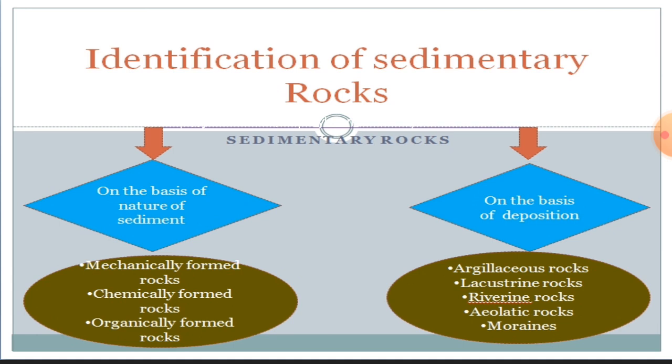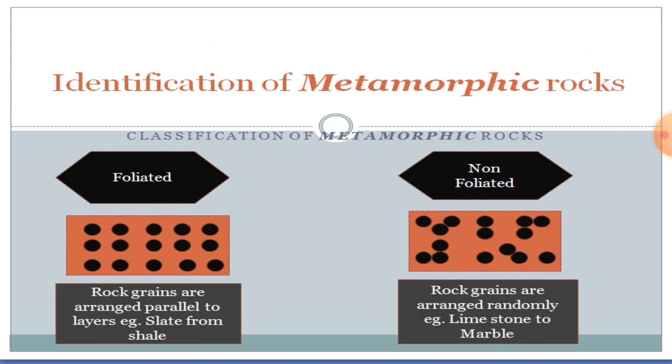Now we go to the third type of rock, which is called the metamorphic rocks. Metamorphic rocks are also identified by their classification. They are grouped into two categories. Number one is called the foliated rocks and another is called the non-foliated rocks. Foliated rocks are those rocks in which the crystal grains are arranged parallel to the layers of the rocks, as shown in the diagram.